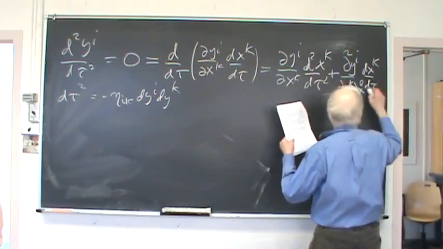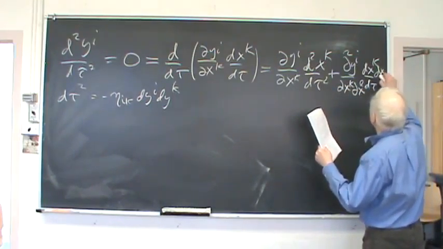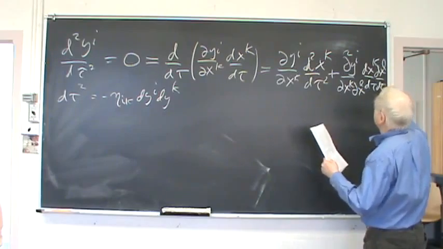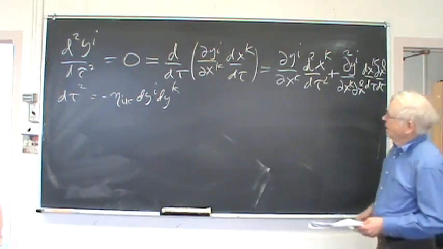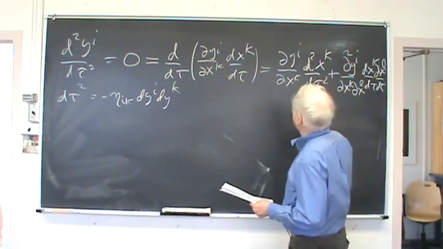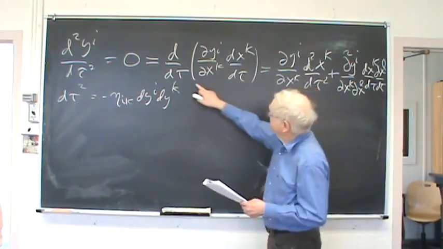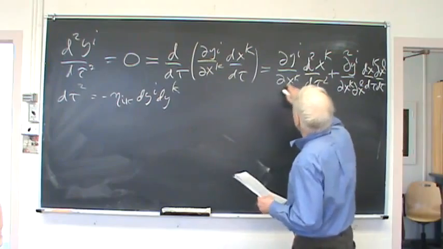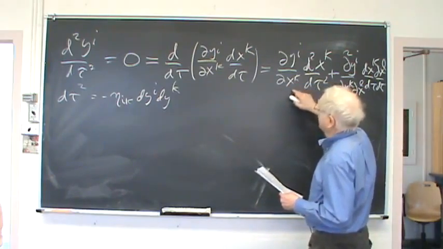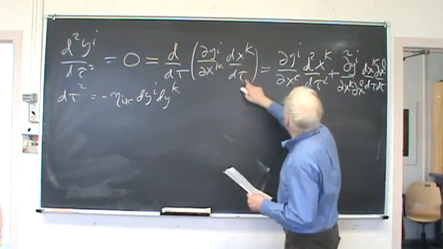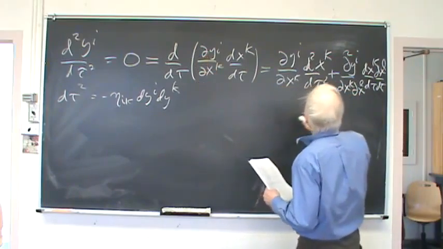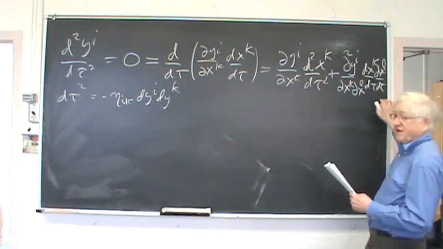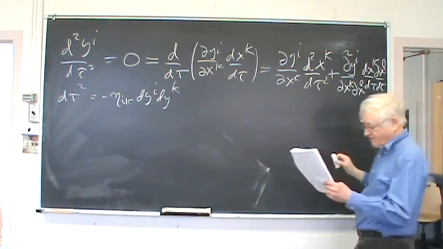I'm running out of space here. So all I did here was use the chain rule. In other words, d tau applied to this gives the second derivative, and d tau applied to this first derivative gives the second derivative times another derivative. So it's just the chain rule.